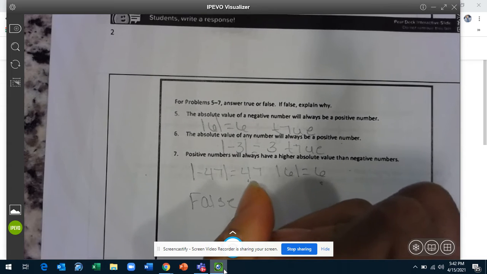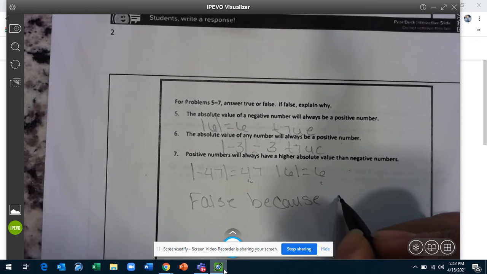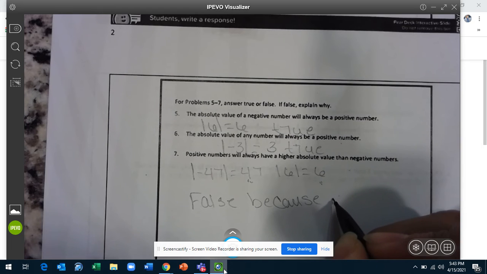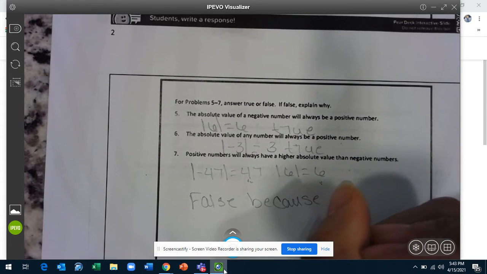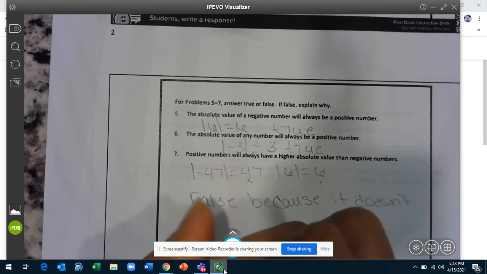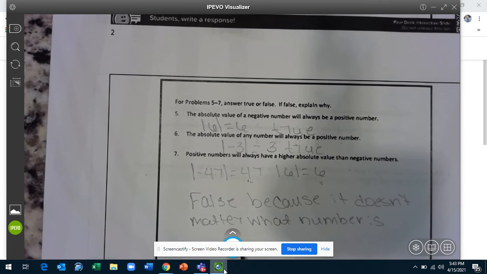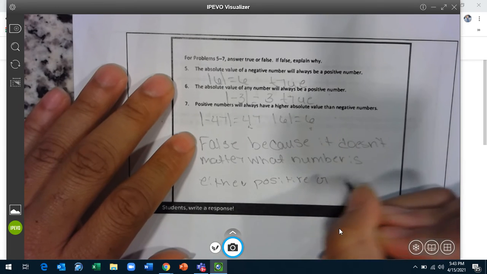And the reason is because it doesn't matter what the number is, either positive or negative.